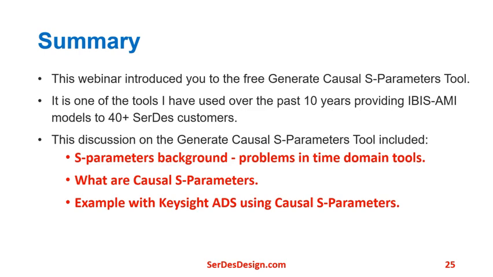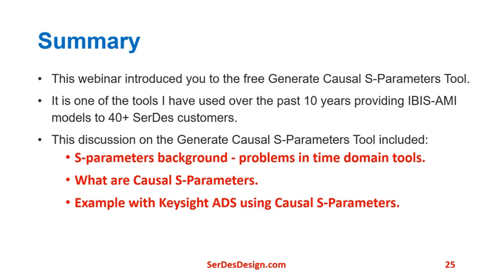Summary. This webinar has presented the proven SerDesDesign.com technology for converting S-parameters into causal S-parameters, which has been used for the past 10 plus years. When used in a channel simulator, the causal S-parameters eliminate any high-frequency aliasing that might occur beyond the original S-parameter maximum frequency, which is typically much lower than the channel simulation sample rate.